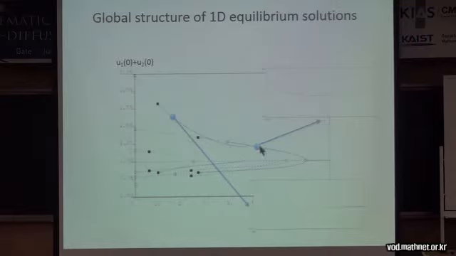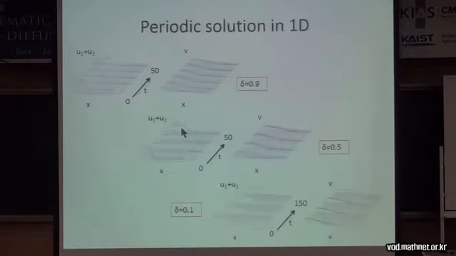Along these lines the pattern changes like this. Around here, this region corresponds to delta being sufficiently small. Then some periodic behavior appears. That is, if delta is 0.9, then periodic behavior appears, and changing delta smaller and smaller, the frequency becomes larger and larger.